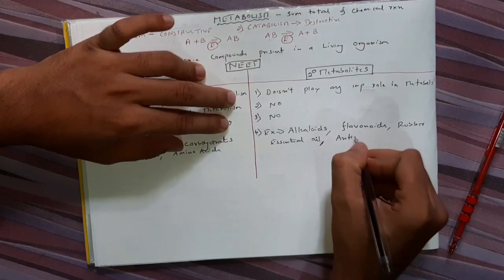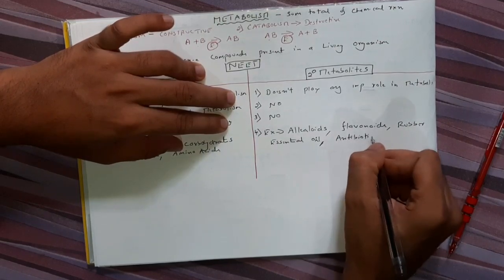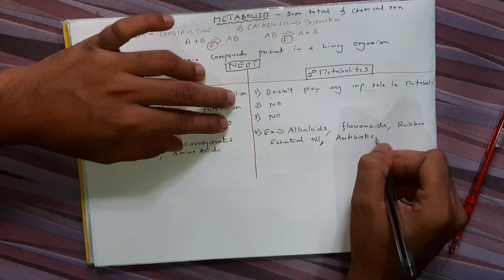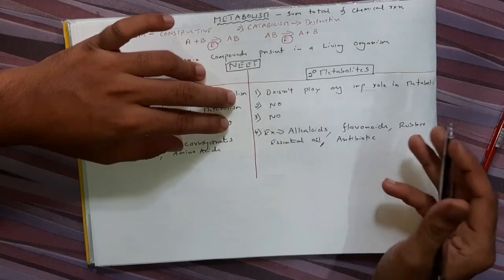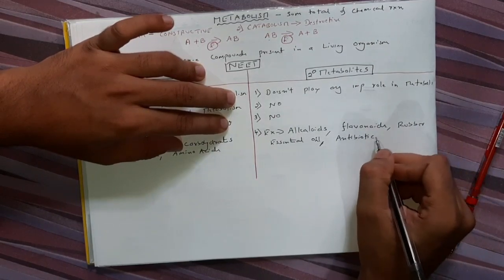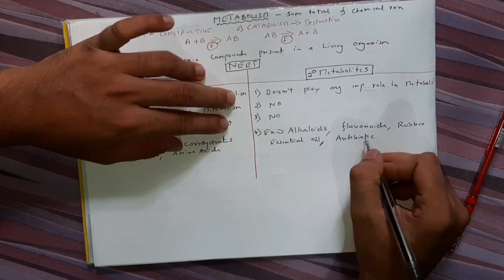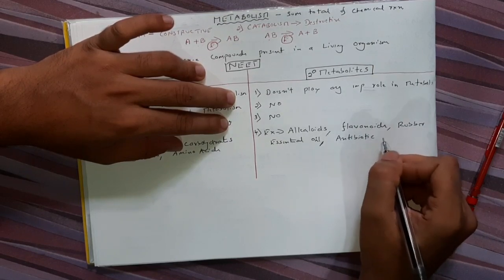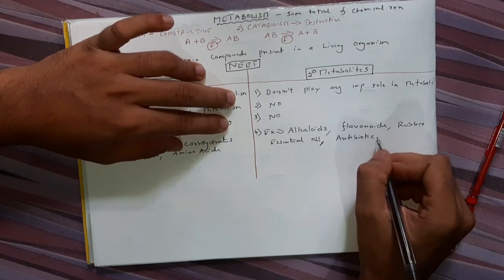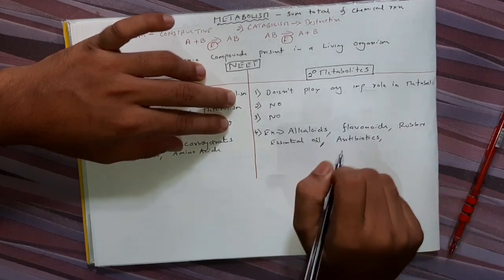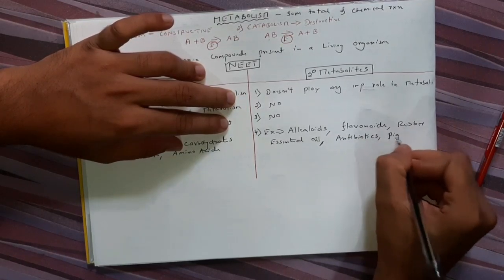Even antibiotics. Certain fungi have the ability to release chemicals which are not helpful for the fungus, but are helpful for human beings, so that we can take this antibiotic, a chemical produced from the fungi, to kill bacteria. Penicillin, for example. Even the pigments. There are so many pigments, right?